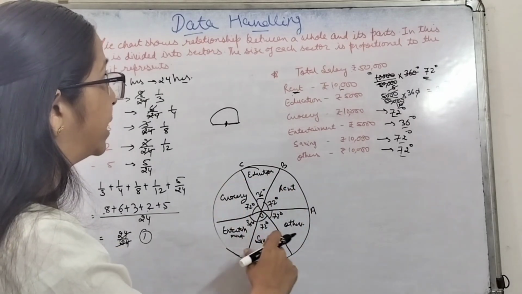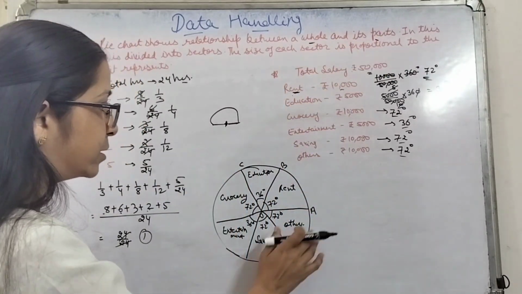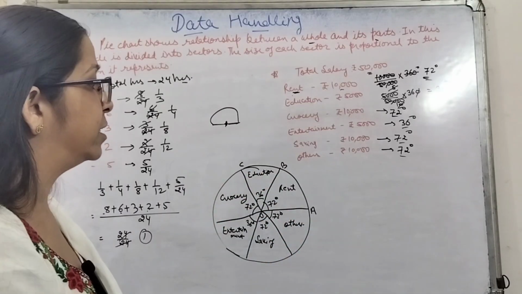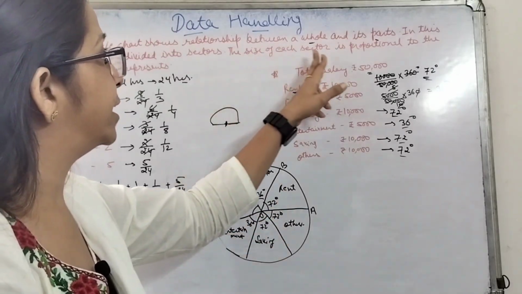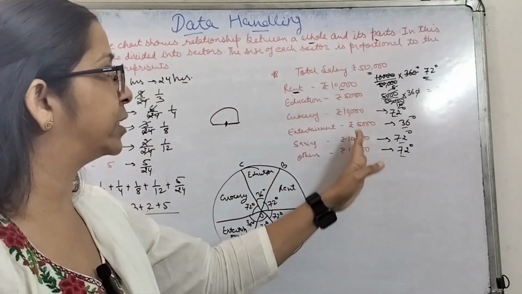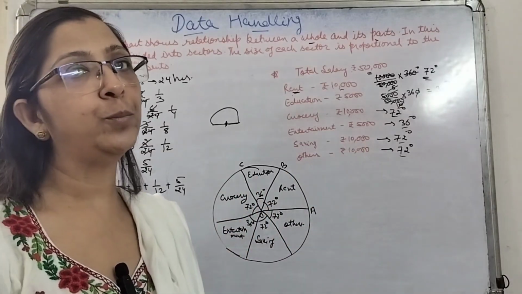This is how we can find the relationship between your whole and your parts. This is the whole circle and these are your parts of it, that is your sectors. This is how we can represent, and the size of each sector is directly proportional to the information it represents.